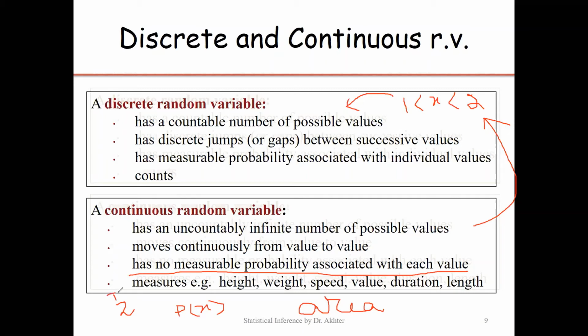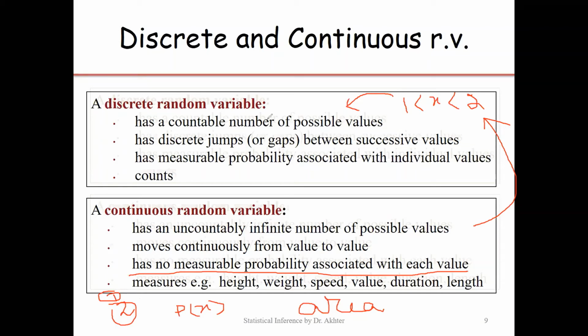At 1 we have nothing, at 2 we have nothing. We may have the area in between 1 and 2. So the area between 1 and 2 can be computed, but the probability at 1 cannot be computed in the case of a continuous distribution. Probability at 2 cannot be computed either.